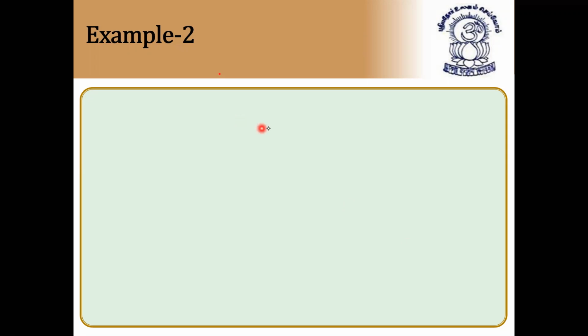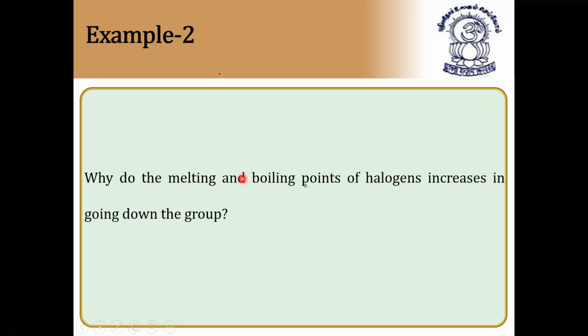Next question. Why do the melting and boiling points of halogens increase in going down the group? If you take the halogens down the group, what happens? Fluorine is a gas, chlorine is a gas, bromine is a liquid, and iodine is a solid.